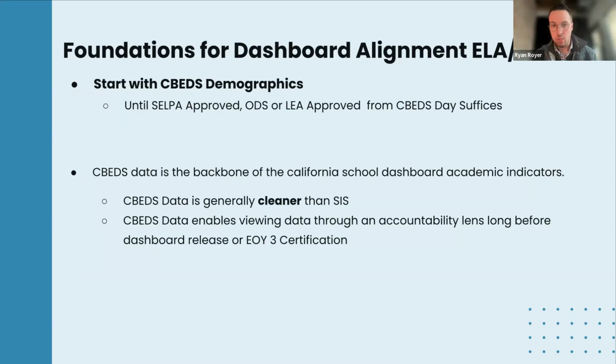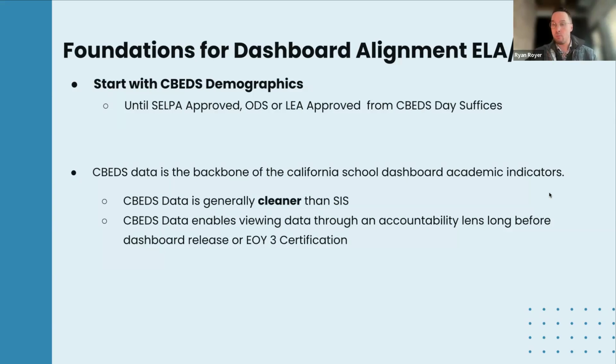If they were with you on census day and weren't socioeconomically disadvantaged for some reason at that point, but they get reclassified as socioeconomically disadvantaged during the school year, that shows up in end of year 3 reporting, and that will end up on the California School Dashboard in the student group indicators.